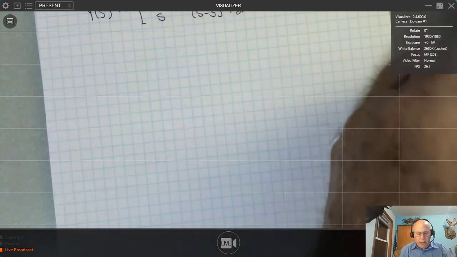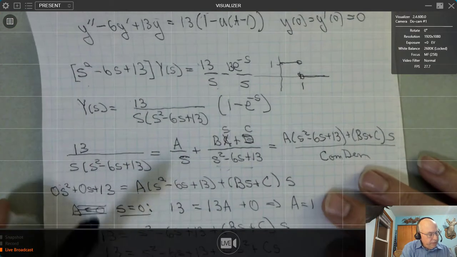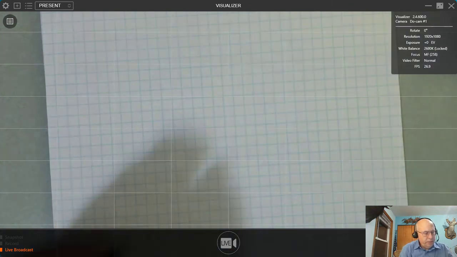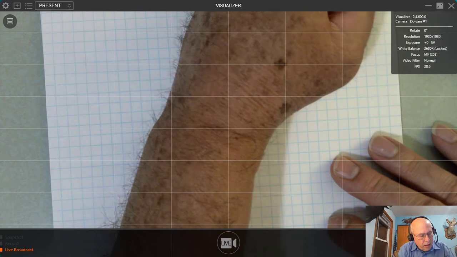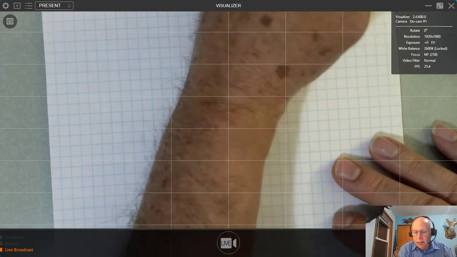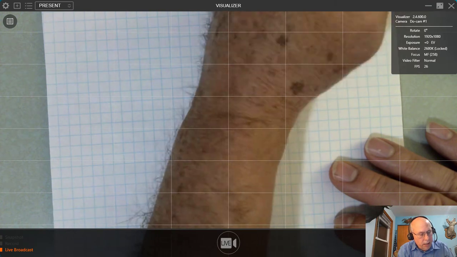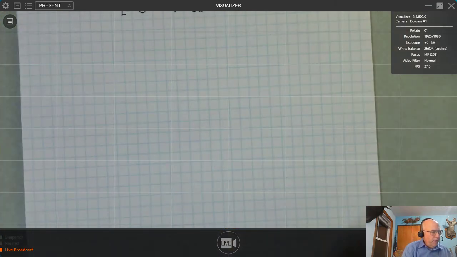And that is being multiplied by the quantity 1 minus e to the minus s.